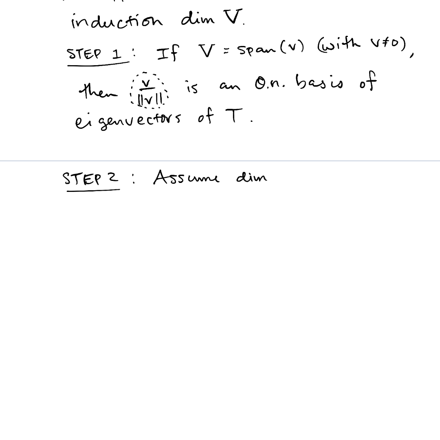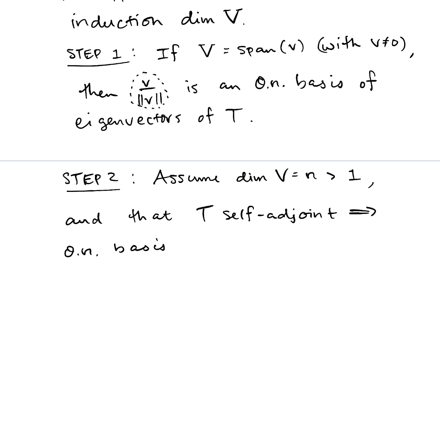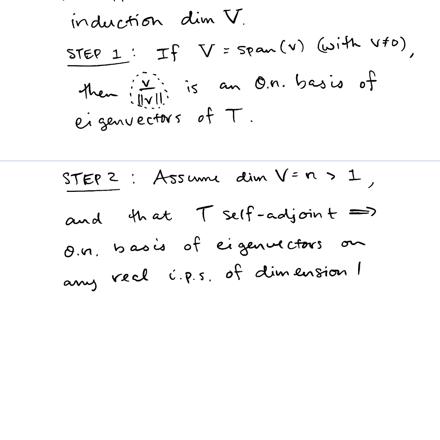Assume dimension V equals n, bigger than 1, and that T self-adjoint implies ON basis of eigenvectors on any real inner product space of dimension less than n.